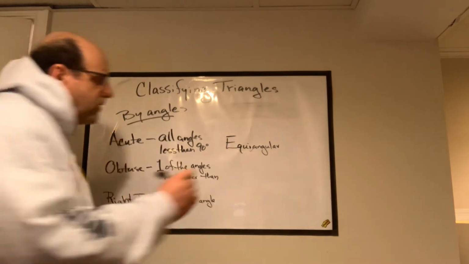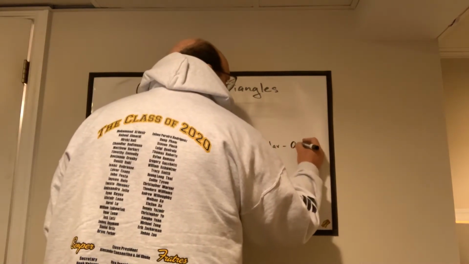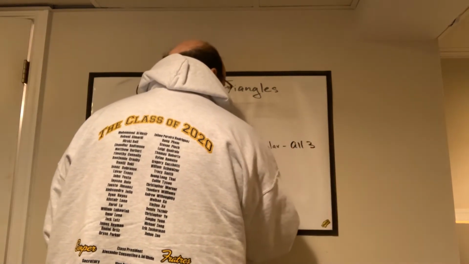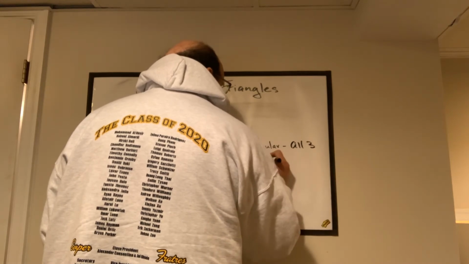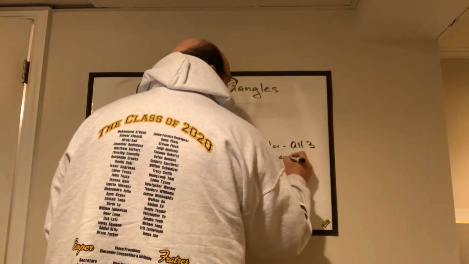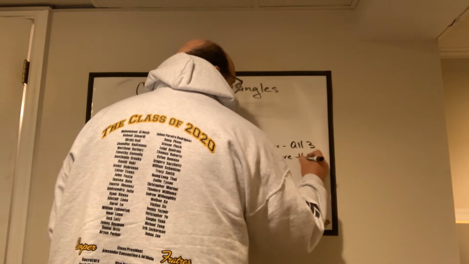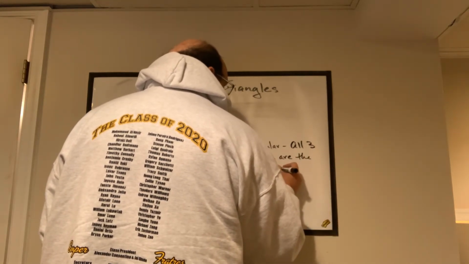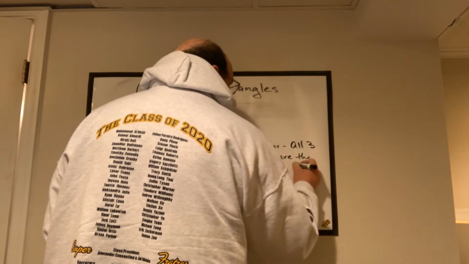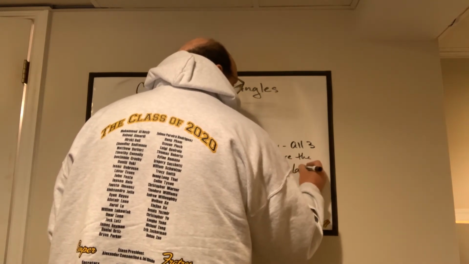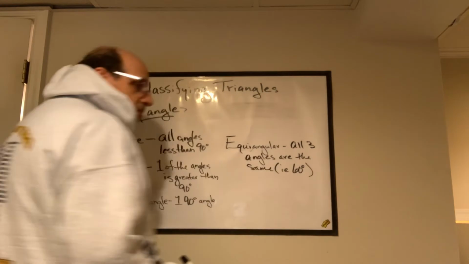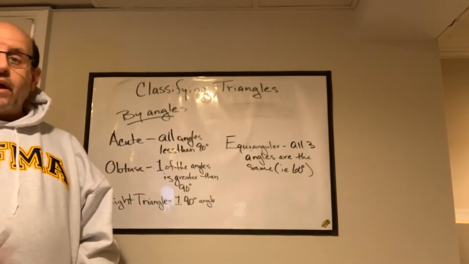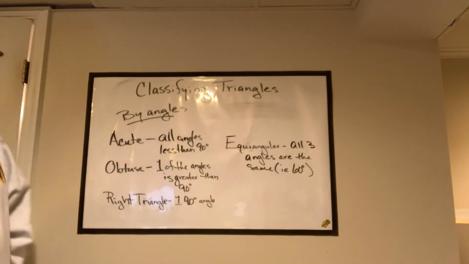And all that means is that all three angles are the same, i.e., in a triangle, that means they're 60 degrees, because three 60s give you 180. And that's it. Those are the definitions.